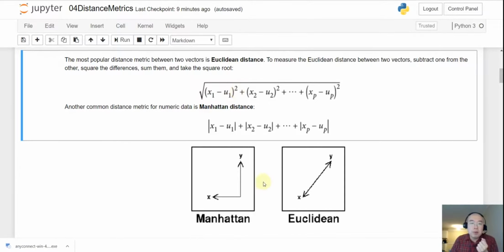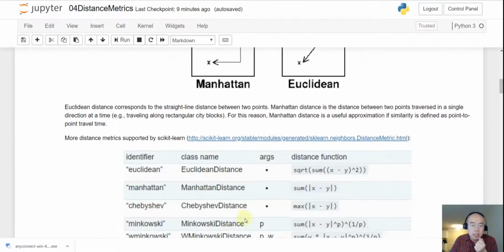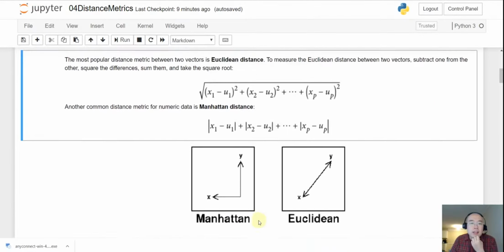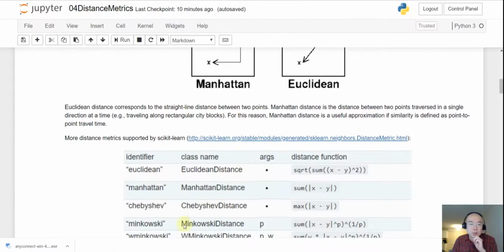For example, for Minkowski distance with p equal to 3, it will be x1 minus u1 to the power of 3 plus x2 minus u2 to the power of 3. Then for the square root, we take the root of degree 3 as well. This gives the Minkowski distance with degree 3.